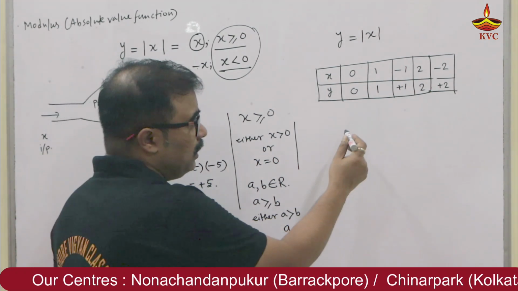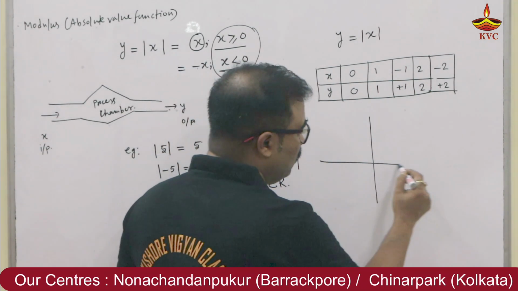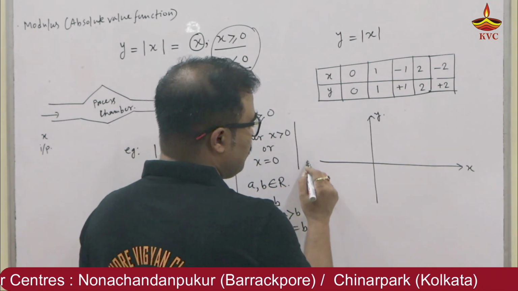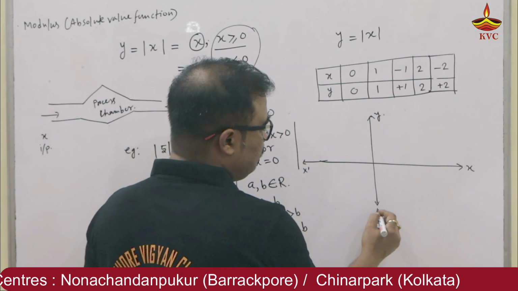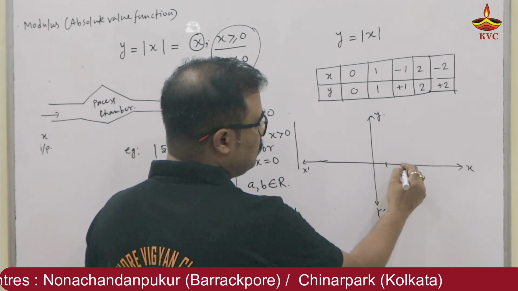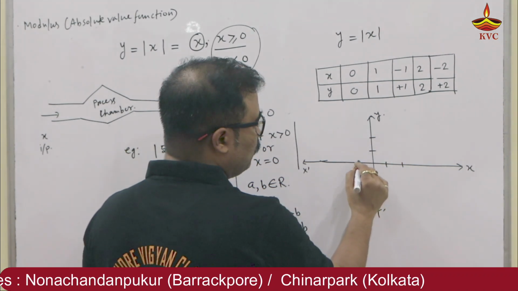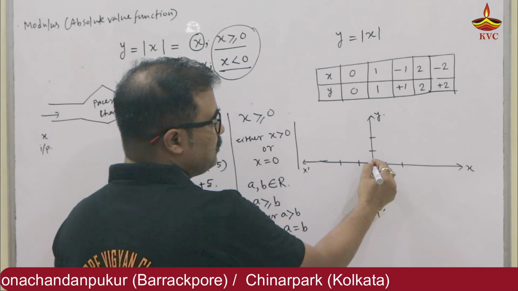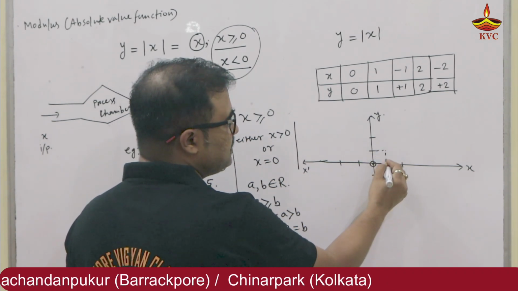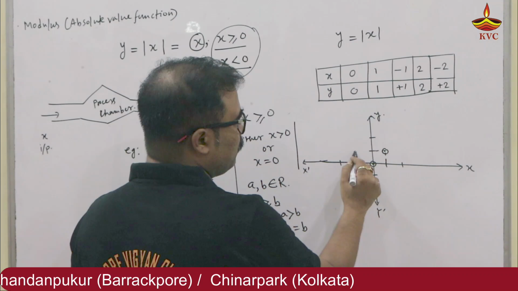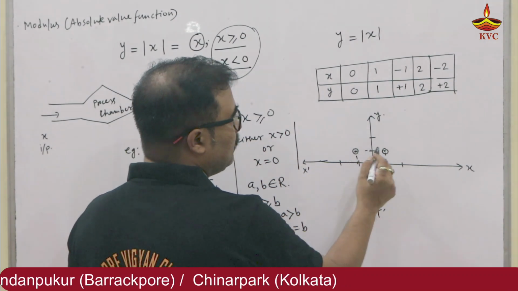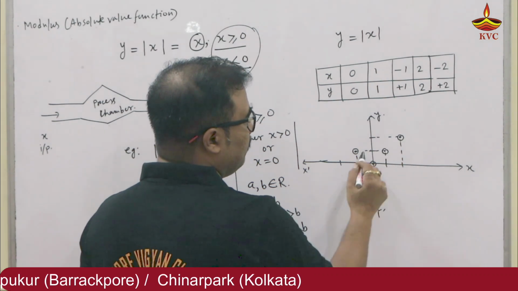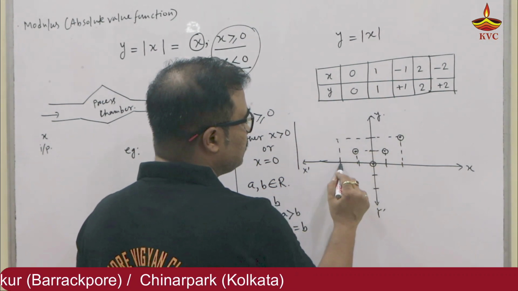So if this is the case, 1, 2, minus 1, minus 2, then x is 0, 0 is this point, 1, 1 is this point, minus 1, 1 is this point, 2 and 2 is this point, minus 2 and 2 is this point.